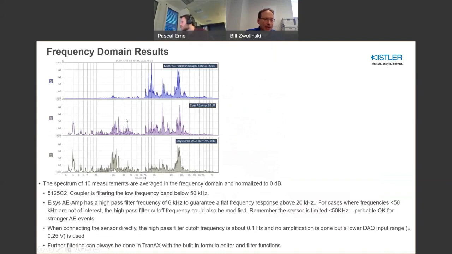So that coupler actually has the ability to resolve lower frequencies and still the higher frequencies. And then going directly into the ELSYS system, you can see that your lower band is somewhere around a tenth of a hertz and up to a megahertz in frequency. So you can absolutely see differences in the signal using different measuring chains.